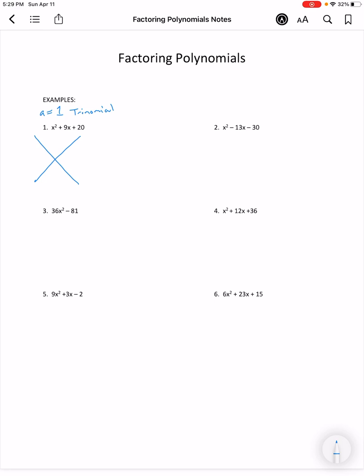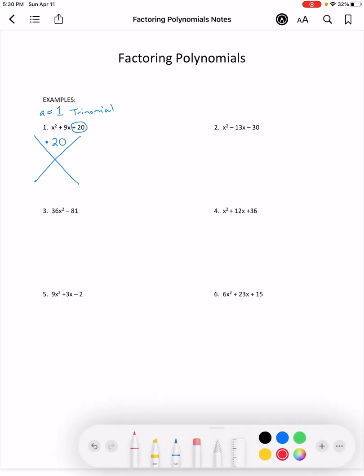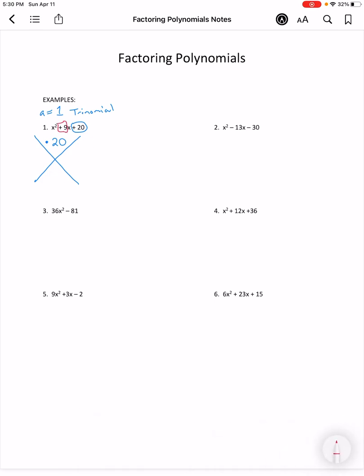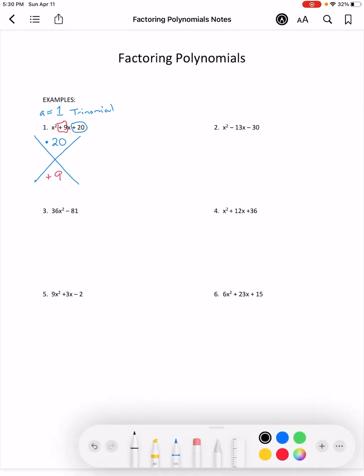Again, my number at the back is my C. So I'm going to take that C number right here, and I'm going to put it here. So it's going to multiply to make 20. And then my B number is going to go to the bottom. So I need something that multiplies to make 20 and adds up to make 9. So I need 2 factors that do that.